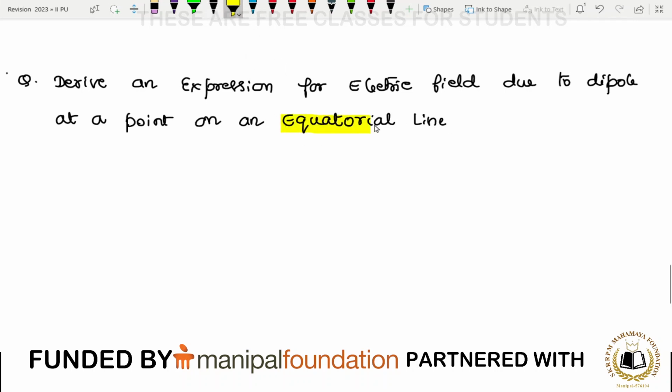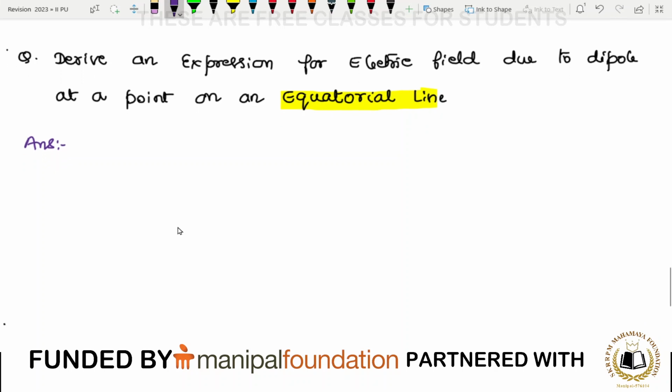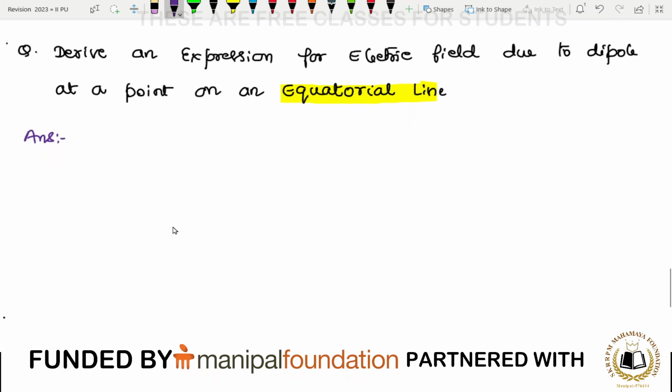We have derived the expression for electric field due to dipole along which line? Equatorial line we should find. Here also electric field due to dipole only, but we should derive the expression along equatorial line.